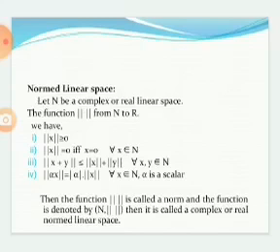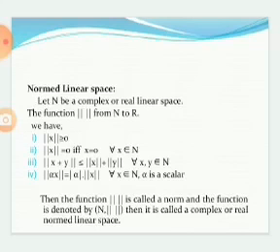Norm x is equal to 0 if and only if x is equal to 0, for all x belongs to N. Norm of x plus y is less than or equal to norm x plus norm y for all x, y belongs to N. Norm of alpha x is equal to mod alpha norm x for all x belongs to N, where alpha is a scalar. Then the function is called a norm and the space is denoted by (N, norm). Then it is called a complex or real normed linear space.